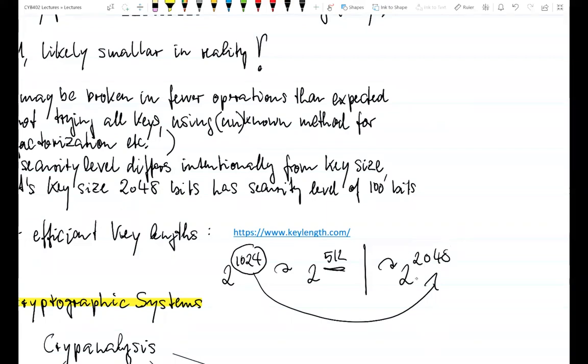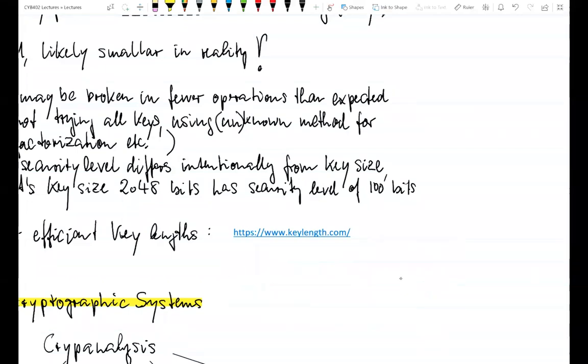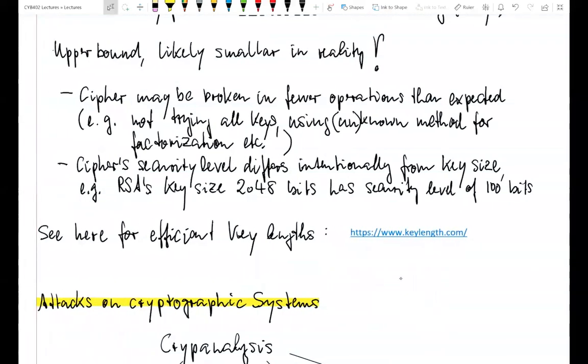So in other words, you see that the discussion on the key length is a feasible one when we want to define security in terms of bits, but it may not tell the whole story. If we have an RSA key, for instance, which is 2000 bits long, we essentially only have a security level of 100 bits, okay? That is because of the nature of attacks that are available.